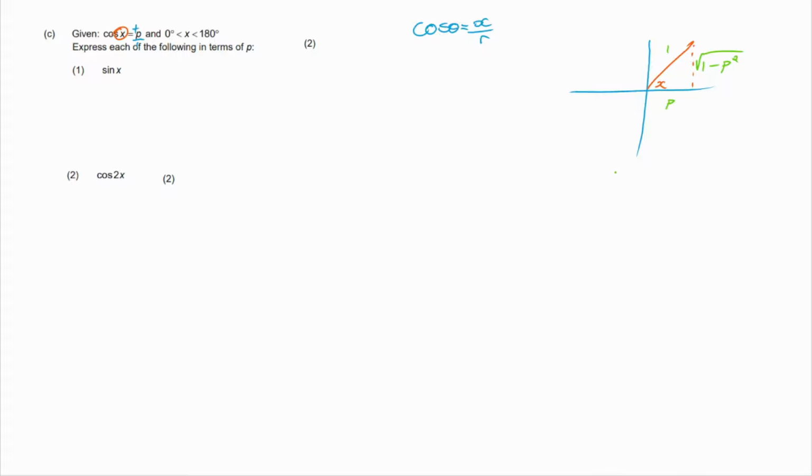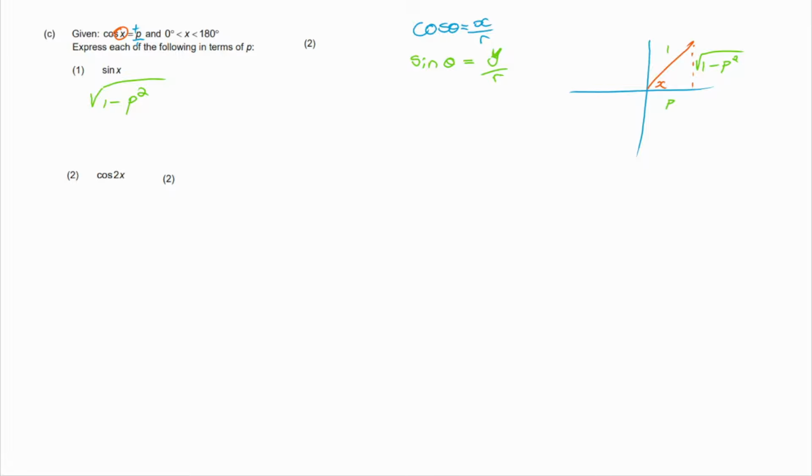That's our y. So sine x, it doesn't matter what angle we're using, is y over r. Our y is this thing over here and our r is 1, so this is just the square root of 1 minus p squared.